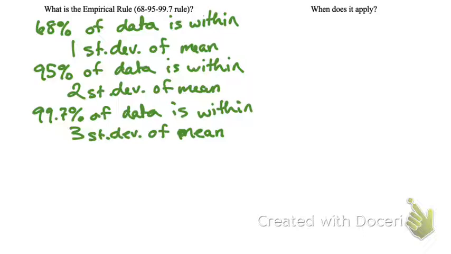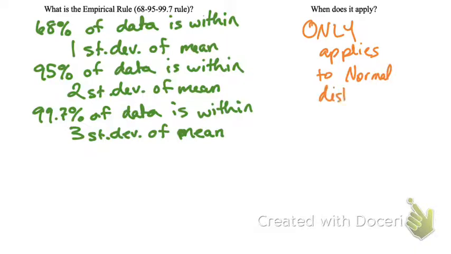Now, when does this apply? Use your context clues. What did we just talk about? A normal distribution. This only applies to normal distributions. So, you have a left-skewed distribution. Can you use this?